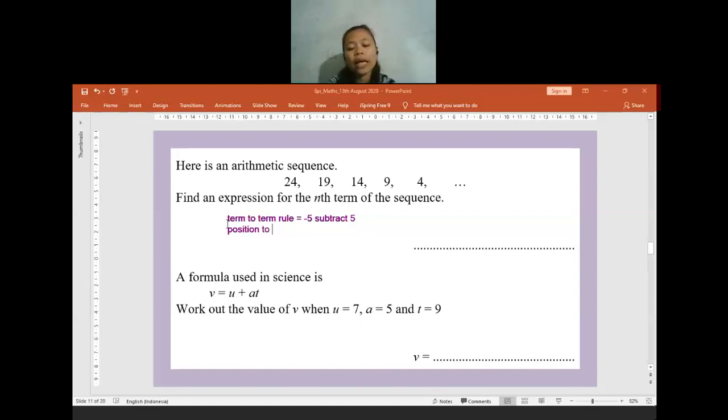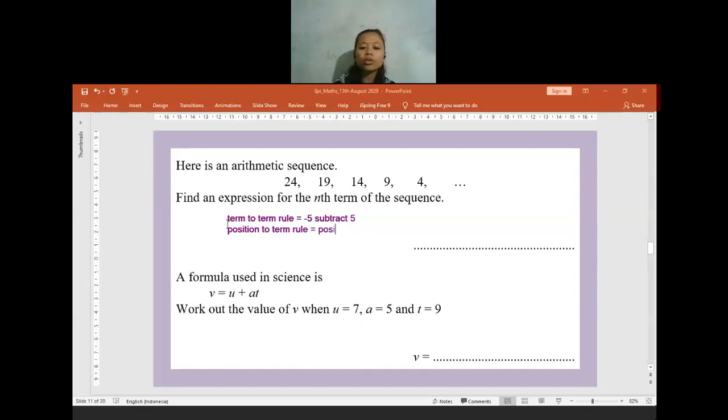There are two types of sequence, arithmetic and geometric. If geometric, the number changes because you multiply or divide. But if arithmetic, the number changes for the next term because you do addition or subtraction. That is the only difference with the term to term rule. So what is the position to term rule?